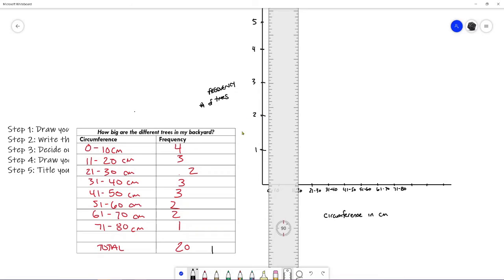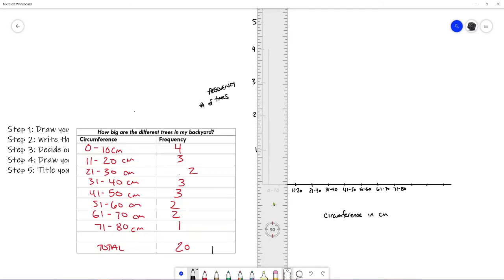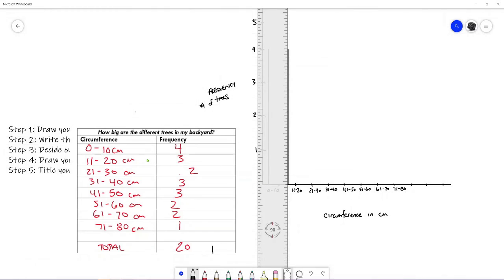So I'm going to draw my first line right here at 4 all the way to 0. And my next line is going to be halfway between the two ranges, all the way at 4. So I draw a line all the way straight down. Great. My next one is 11 to 20, and I have 3 of them.